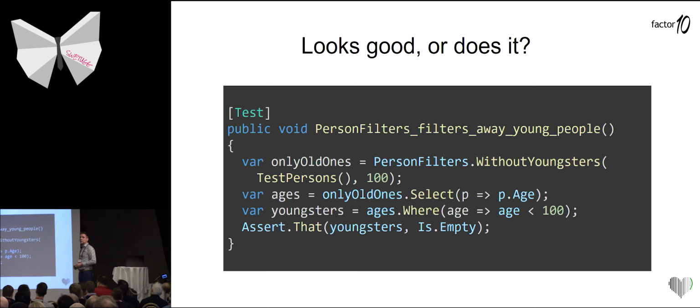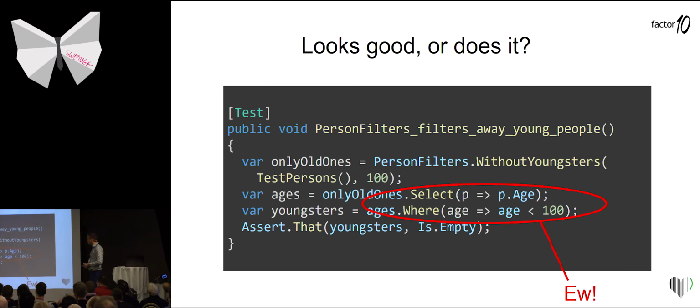Anything else? So I could make a constant out of what it means to be a young person. Yeah, I could do that, so I can consistently talk about young people all across my code base. Yes, true. Well, we can toss ideas back and forth.